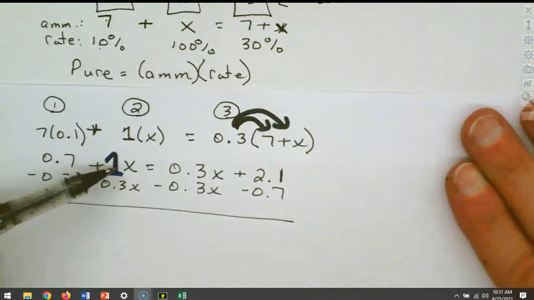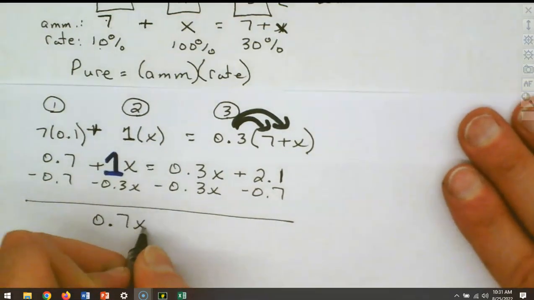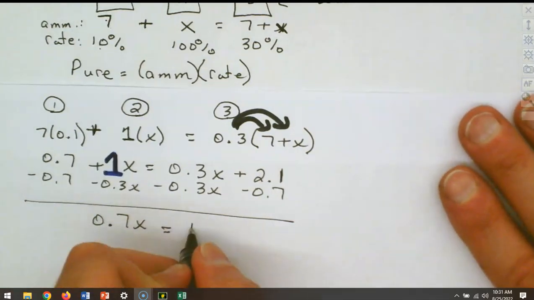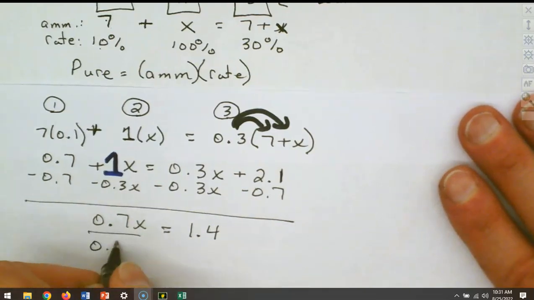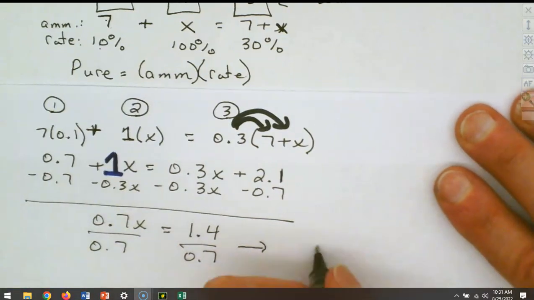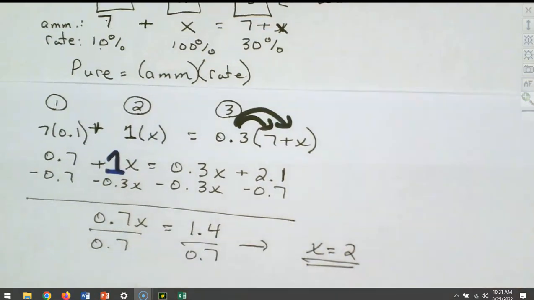Those cancel, and 1 minus 0.3 is 0.7x. The other side, 2.1 minus 0.7 should be a 1.4. We're going to now divide by our 0.7, and that leaves us with x equaling 2.